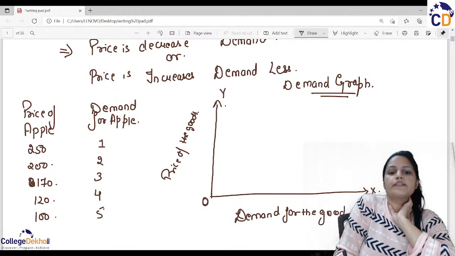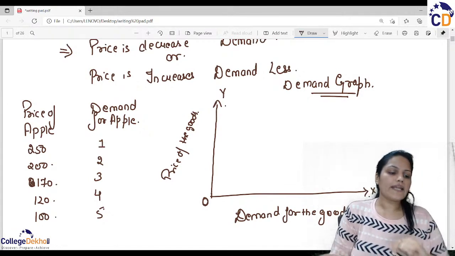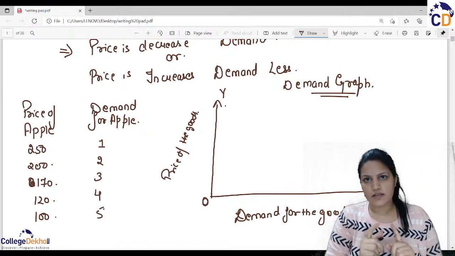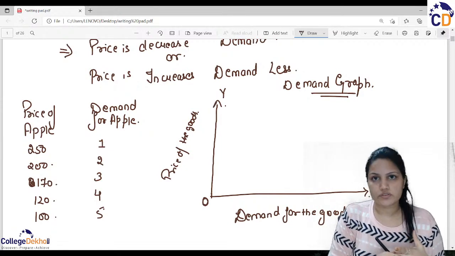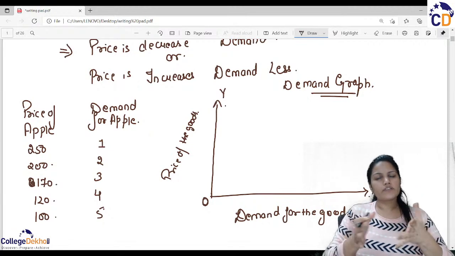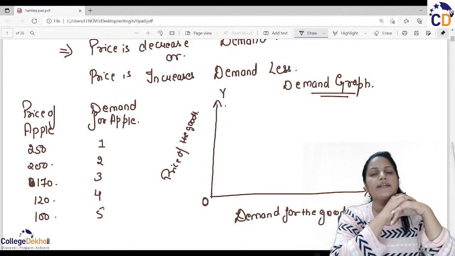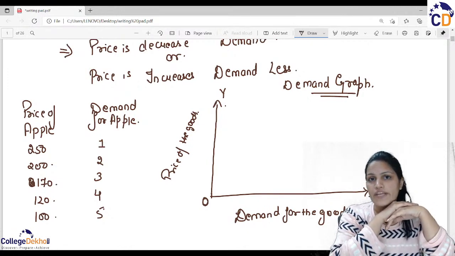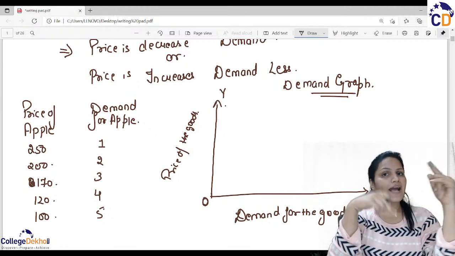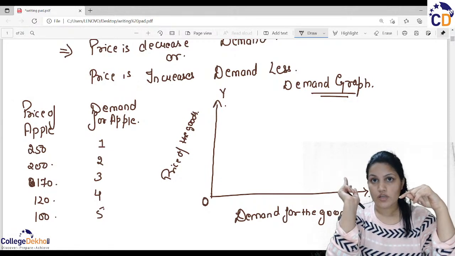What do you mean by the independent variable or dependent variable? Again, I am coming back to my example, that is about the tomatoes. What was the example? The price changes a little bit, and my demand automatically changes. So the independent variable is the price, because when the price changes, that is the only reason the demand changes.